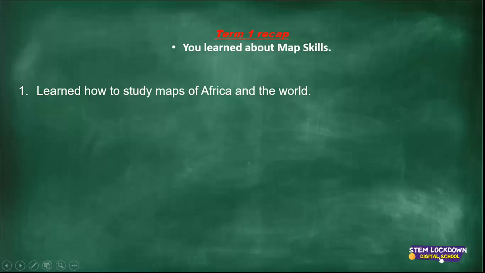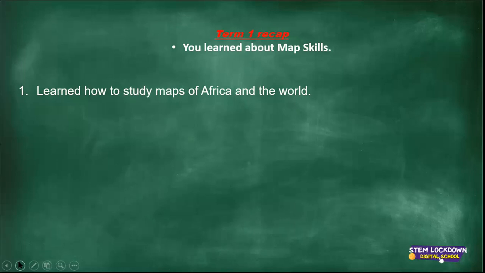Here you learned about different types of map: the map of the world, the map of Africa, and we also have the map of South Africa. You have learned about that at your schools, and you have also learned that the world is round, right?